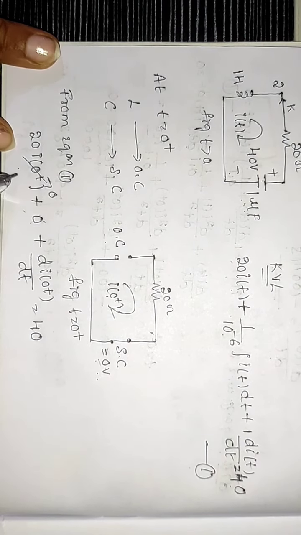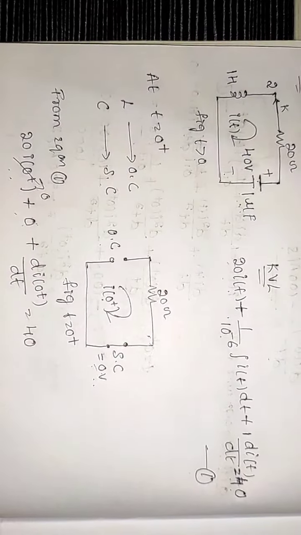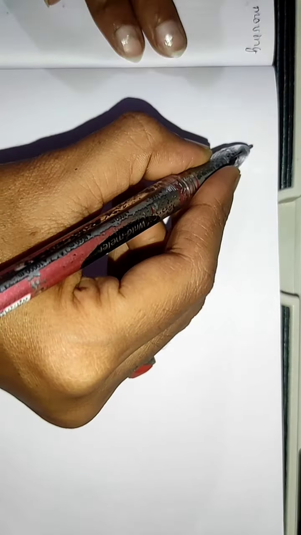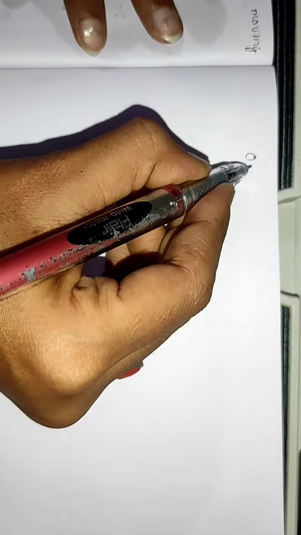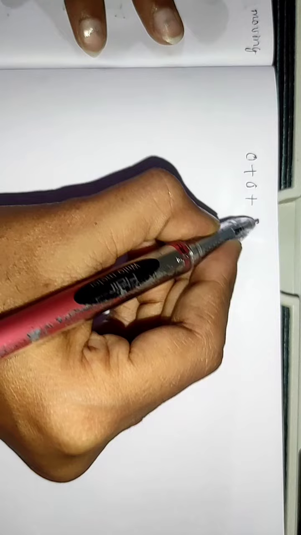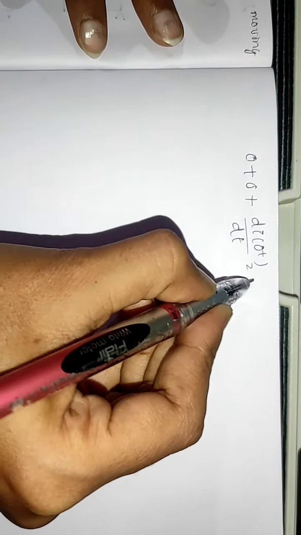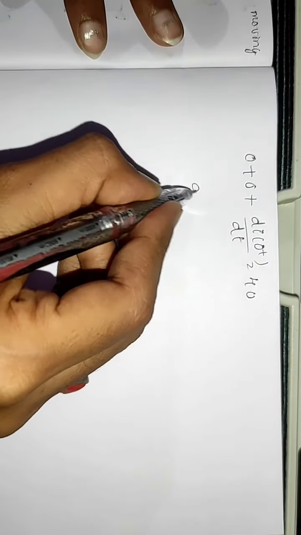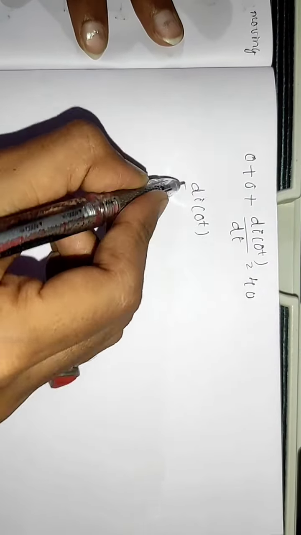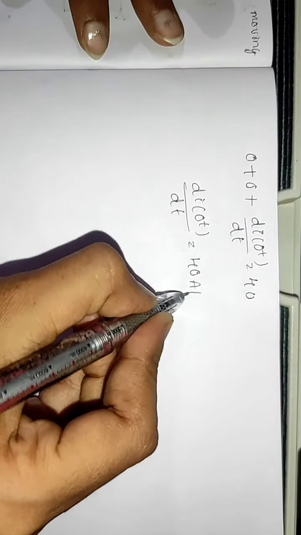Right? So I of 0 plus value is 0. Then 0 plus 0 plus d I of 0 plus divided by dt equals the 40. Then finally d I of 0 plus divided by dt equals 40 ampere per second.